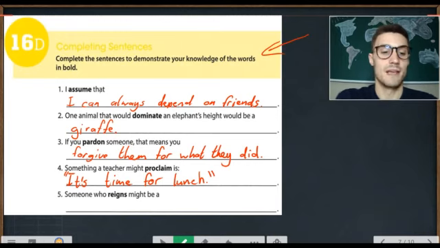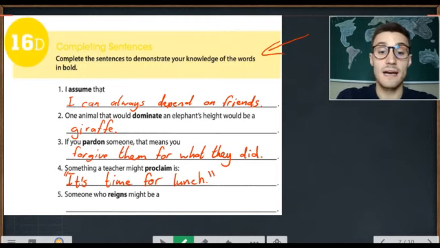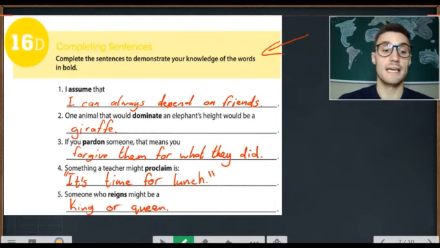Number 5. Someone who reigns might be a what? Someone who reigns might be a king or queen. Someone who reigns might be a king or queen.